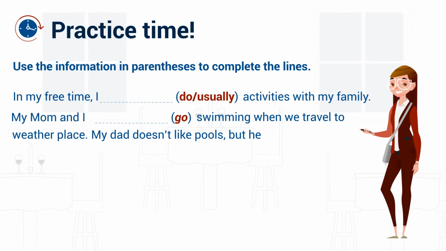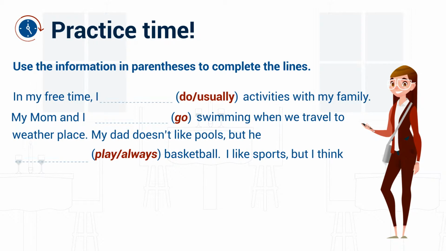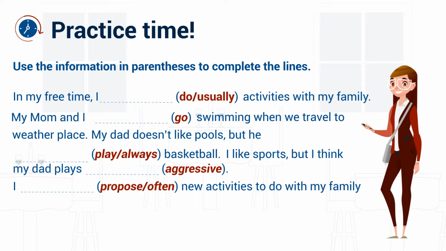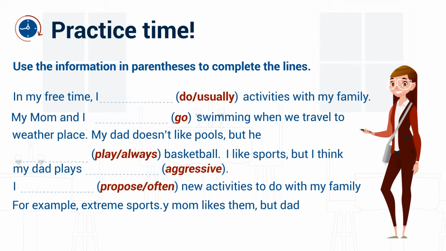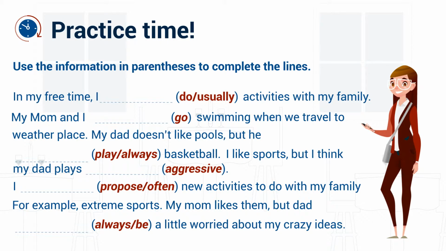My dad doesn't like pools, but basketball. I like sports, but I think my dad plays. New activities to do with my family. For example, extreme sports. My mom likes them, but Dad, a little worried about my crazy ideas.